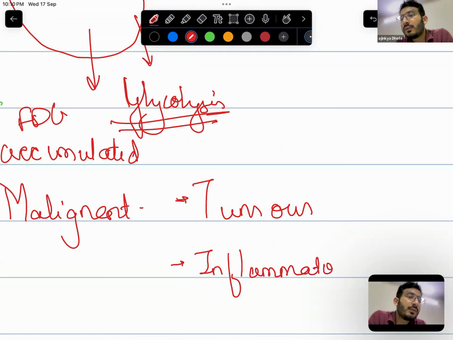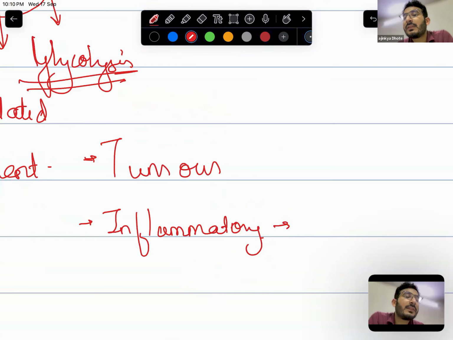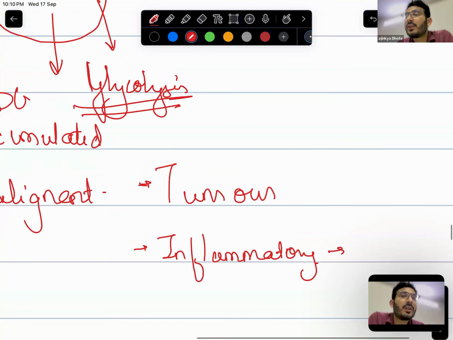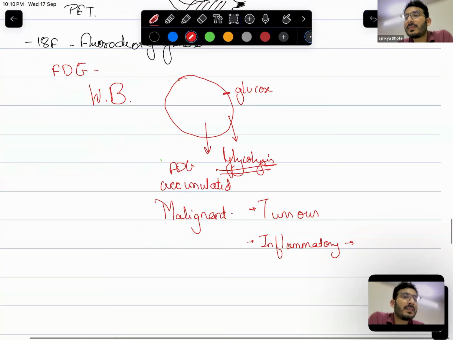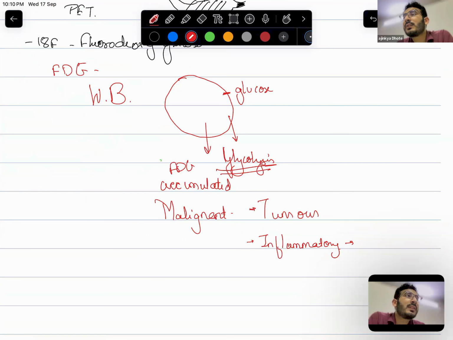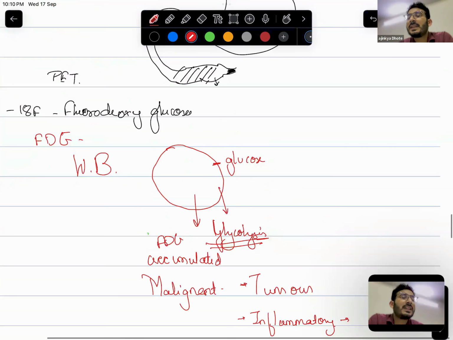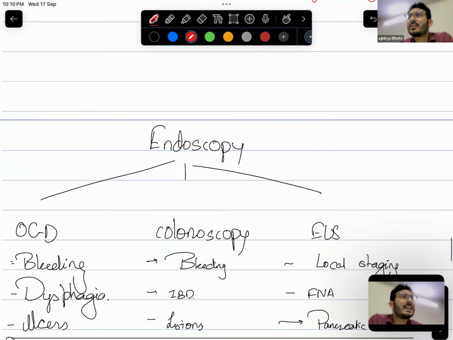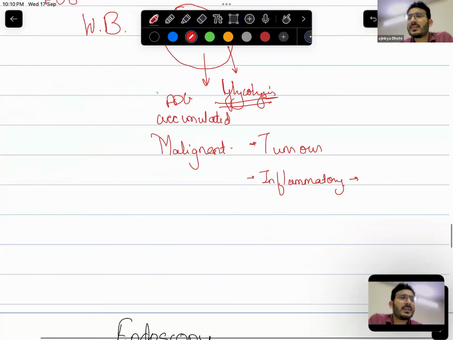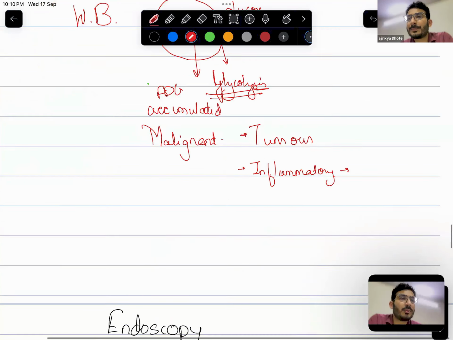Okay, so false positives can be seen in a PET scan whenever there is an infective or inflammatory foci. Okay, this is one thing you should remember for your entire life about PET scan. Okay, so PET scan will not always tell malignancy, it can also tell you about an inflammatory region. There are multiple parameters to know whether it is malignancy or not, but not of your level. Okay, but this is just a gross idea of what you should know.